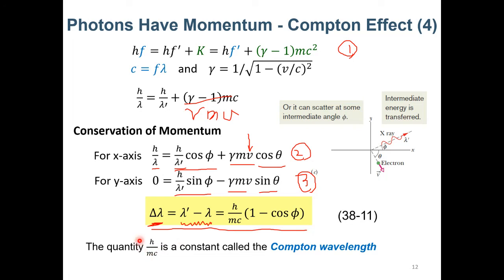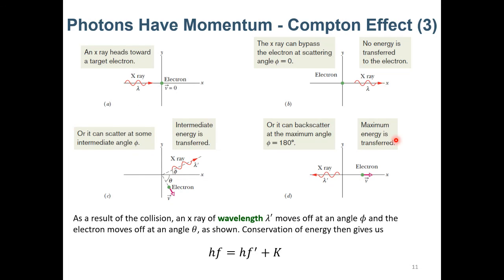And here we define the term h over mc, which is the Compton wavelength. Here, h and c are constants: h is the Planck constant, c is the speed of light, and m is the mass of the particle. Here it is the electron for this derivation.